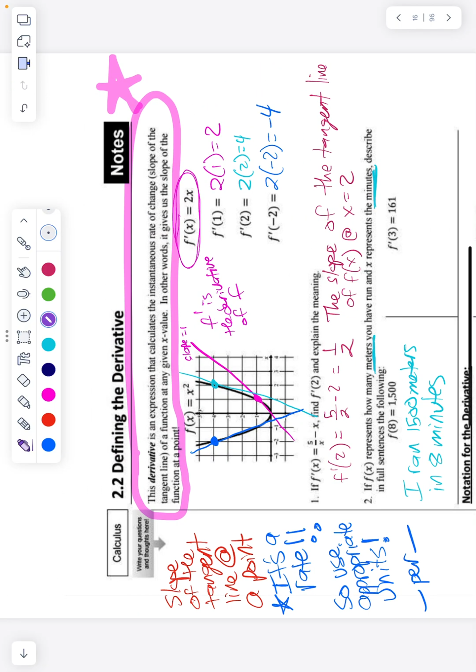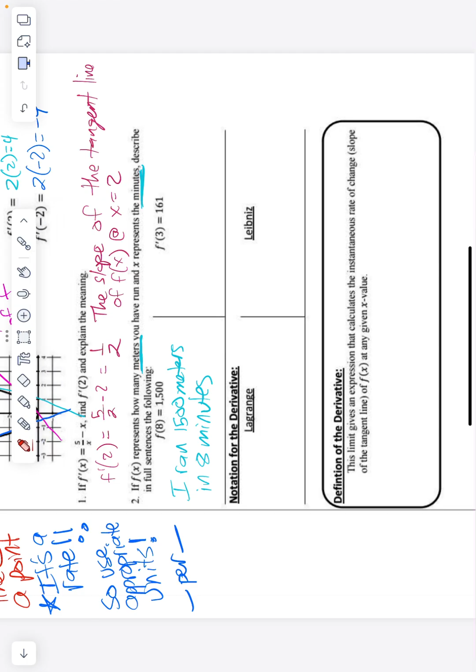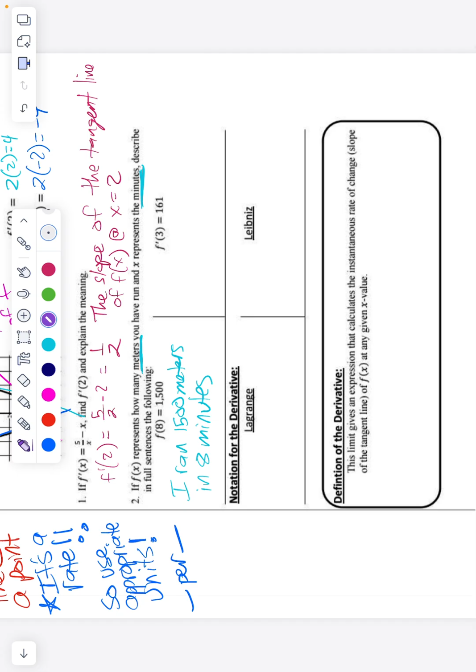Is it average? Derivatives are instantaneous rates. Good. Annie? At 3 minutes, I was running at a rate of 161 meters per minute. Good job. That's good.